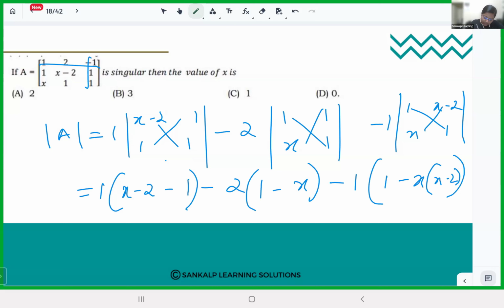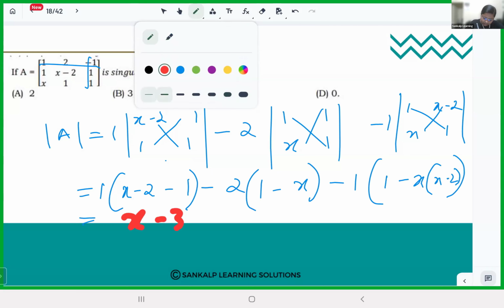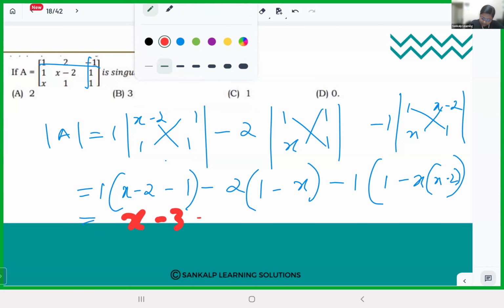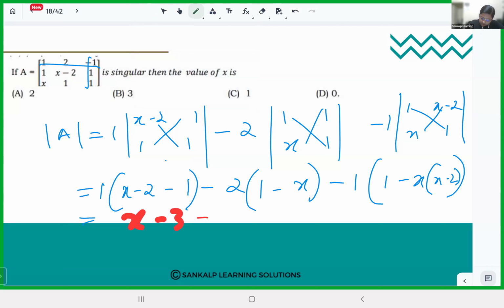All right, now you have to expand it. So that is x minus 2 minus 1, which means x minus 3. Minus 2 into 1, minus into minus, minus 2 into minus x is plus 2x.